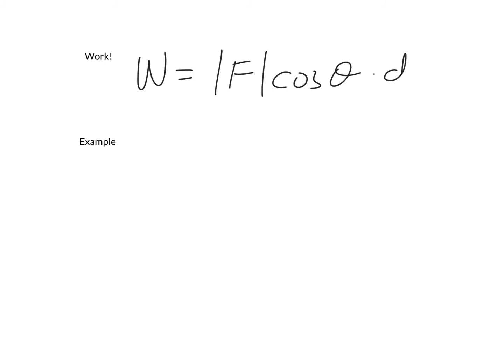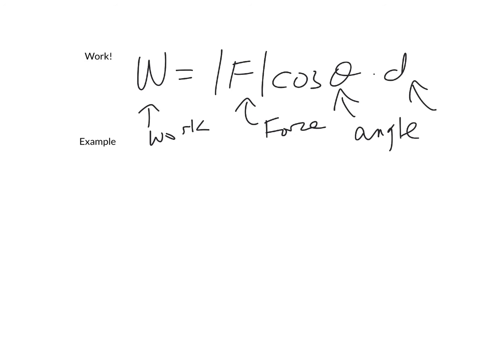Work. The formula for work is W, W being work, equals force times cosine theta. Of course, theta is your angle, the angle between the force and the line of motion of the object, and d is distance traveled.